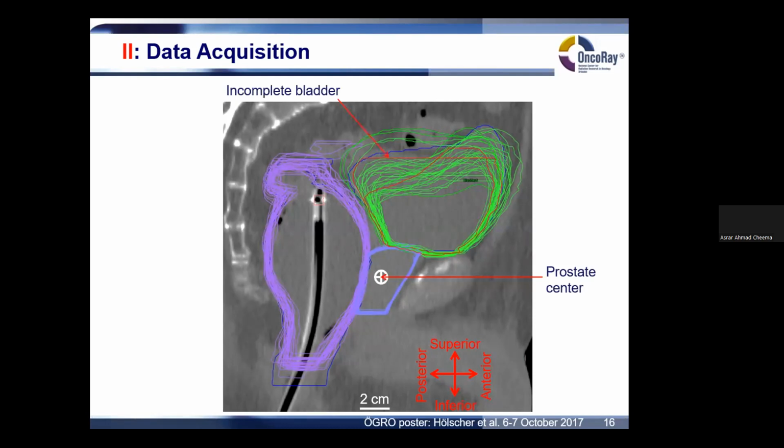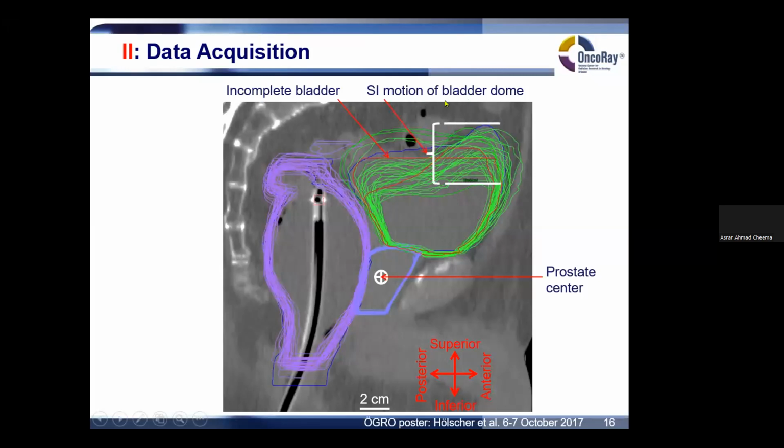Here we can see this was an incomplete bladder in the control CT because the scanning length was not optimal. It was technologist dependent. They used a slightly smaller scanning length. So such patients' incomplete bladders were excluded from the bladder volume comparison.